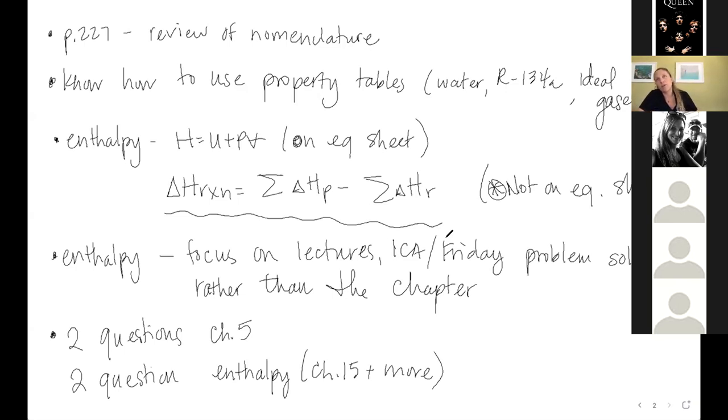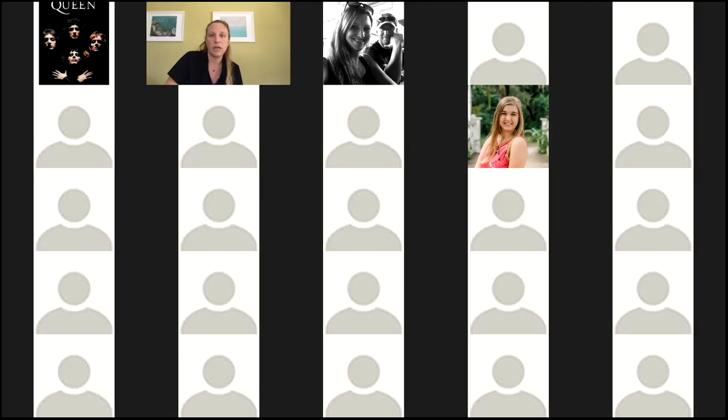The enthalpy of reaction for a given reaction is equal to the summation of the enthalpies of each individual component. But that equation's not on the equation sheet. You just need to know that that's kind of how it works. So I'm going to do an example problem with that. And I think it's something you've already seen. You should already be comfortable with it, but it's just not given to you as an equation. Thank you. Yeah. Other questions?